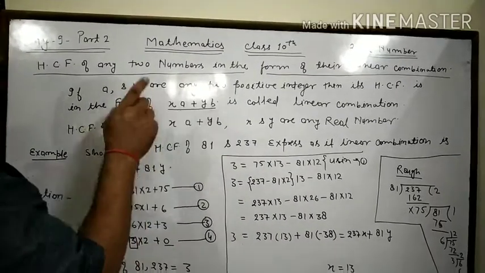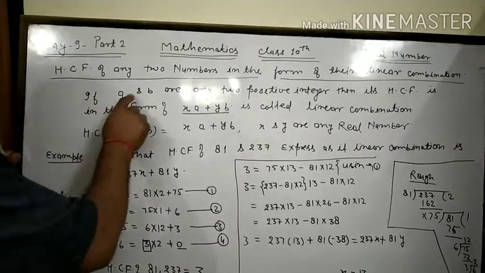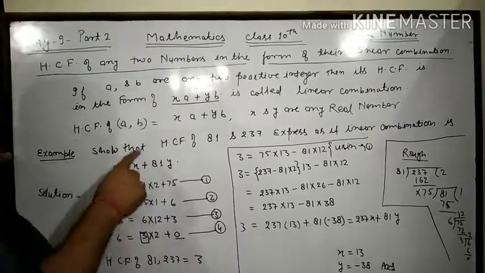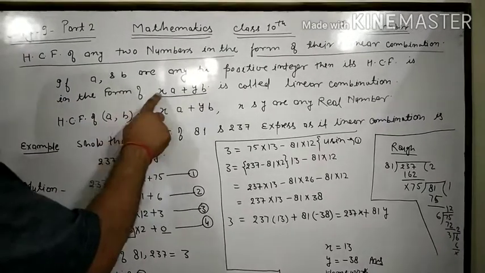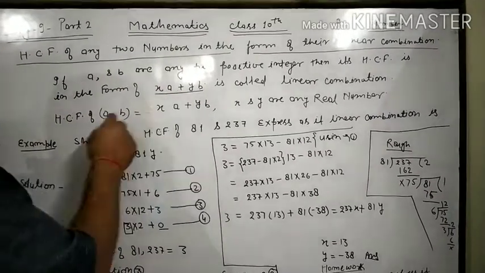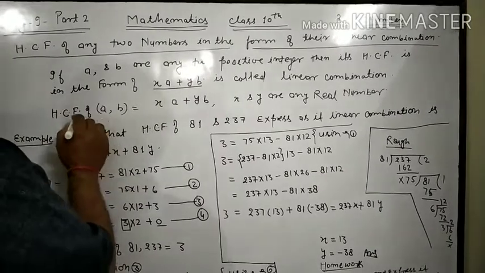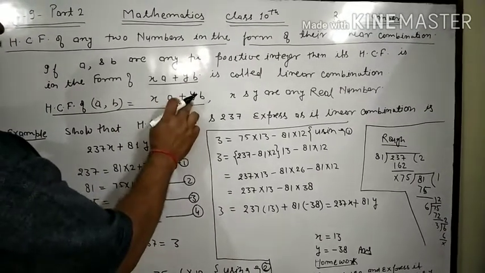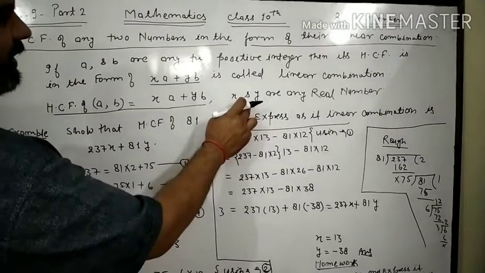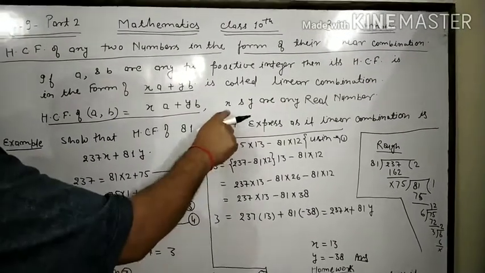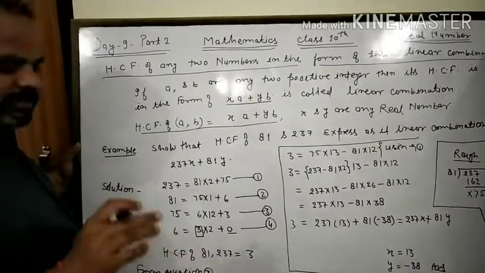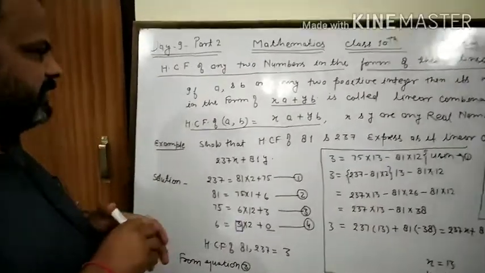Means if we have two positive integers A and B, and we find their HCF, then the HCF is written in the form HCF of A and B is equal to XA plus YB. Then find the value of X and Y. Here X and Y are any real numbers. Is that clear? Then see with the example.